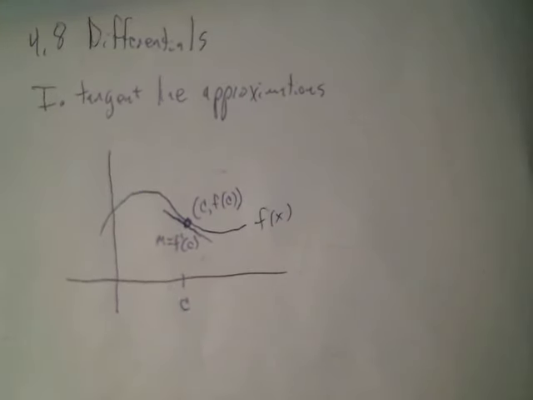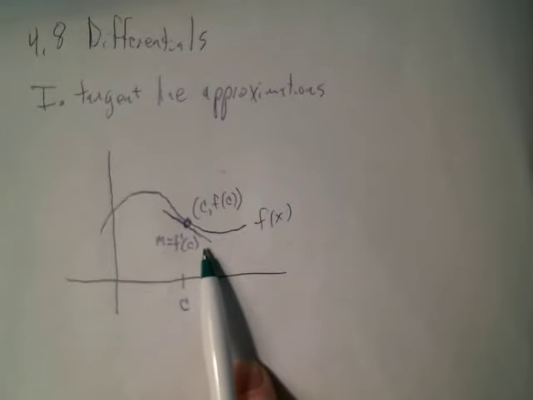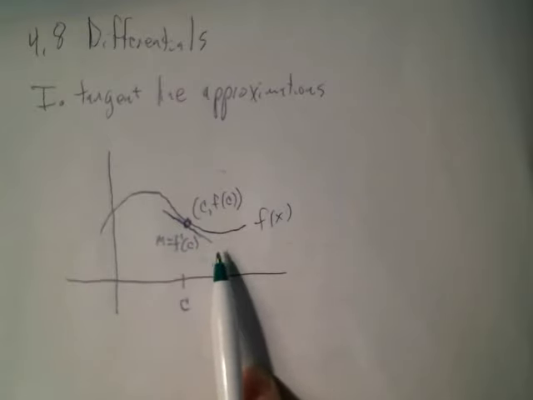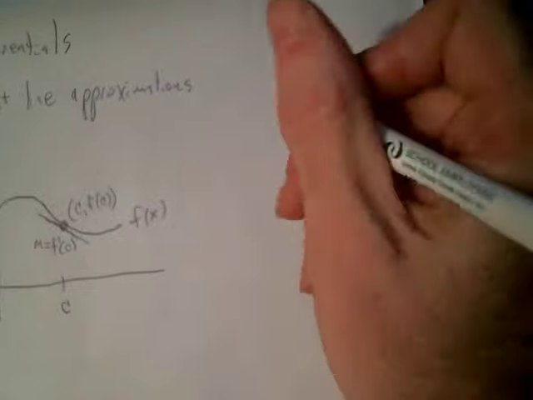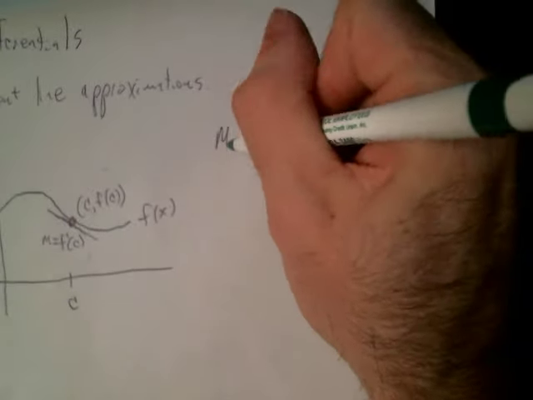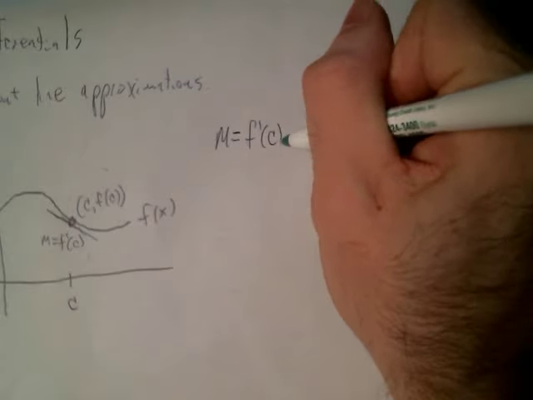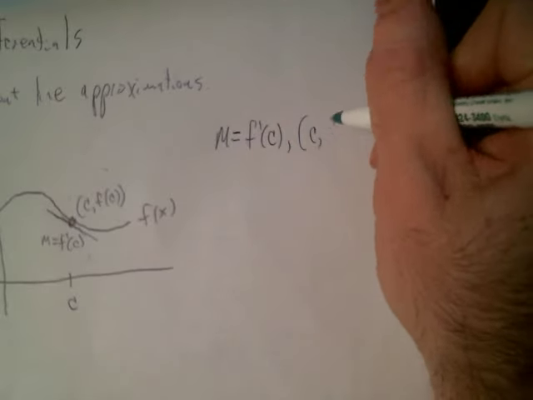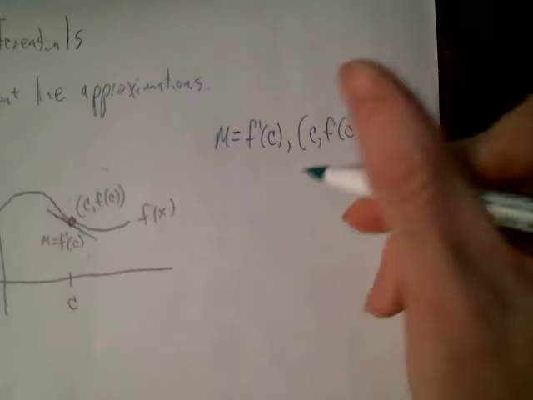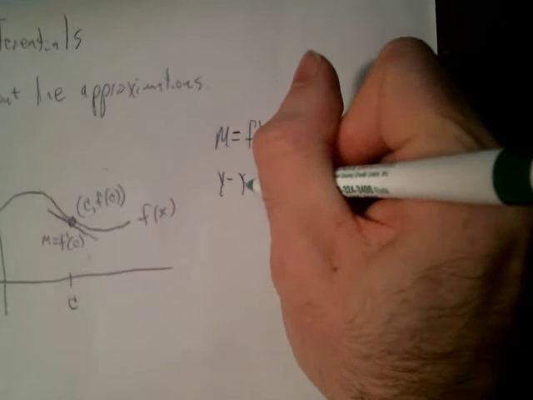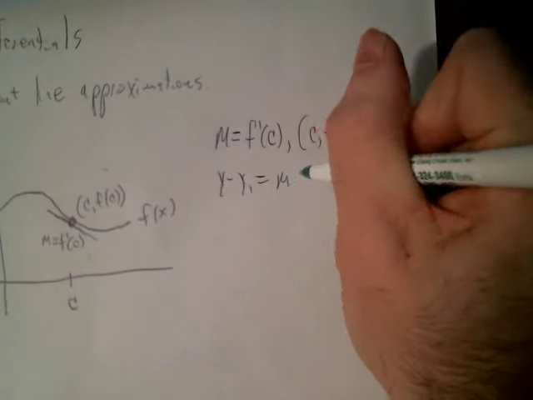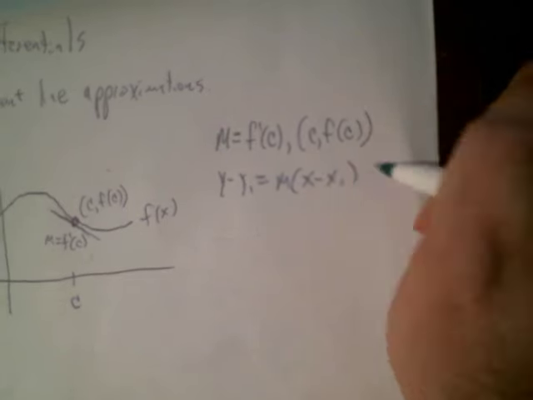So we can obtain the formula for this tangent line quite easily just by remembering the point slope form of a line. We want the slope to be f prime of c, and we're using the point c comma f of c. In the formula, y minus y1 equals m times x minus x1.